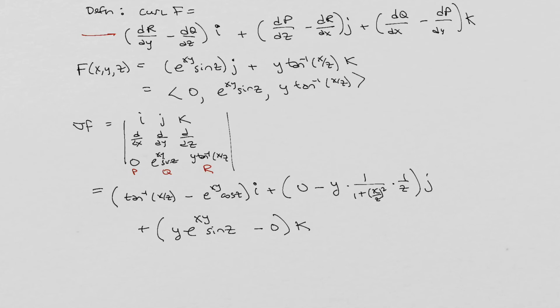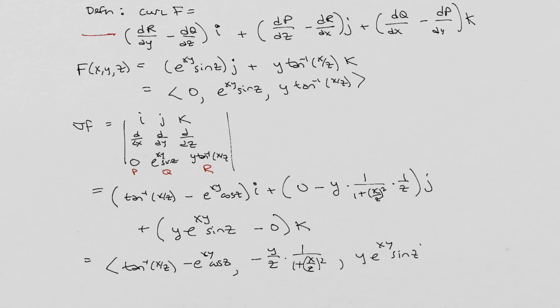So this just gives me this vector: arctangent of x over z minus e to the xy cosine of z, negative y over z times 1 over 1 plus x over z squared, and then I get y e to the xy sine of z. And there's the curl.